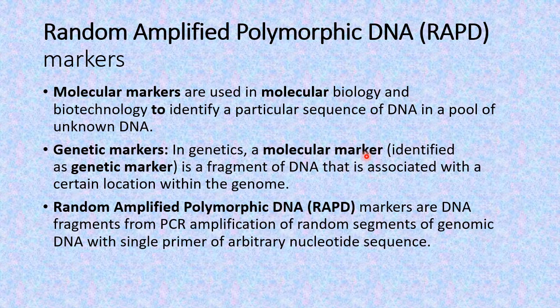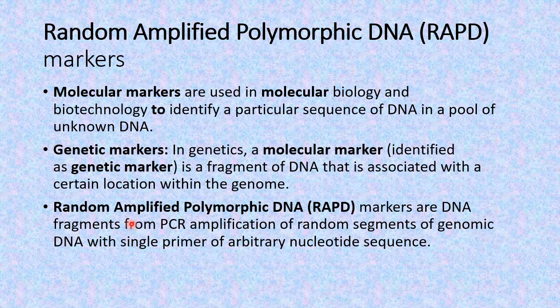So these RAPD markers are sequences of DNA nucleotides which are obtained by PCR amplification. And for the purpose of PCR amplification, in this technique we use arbitrary random primers.